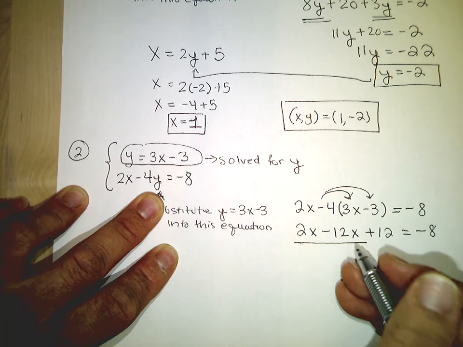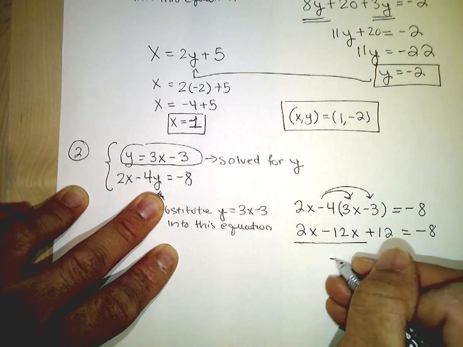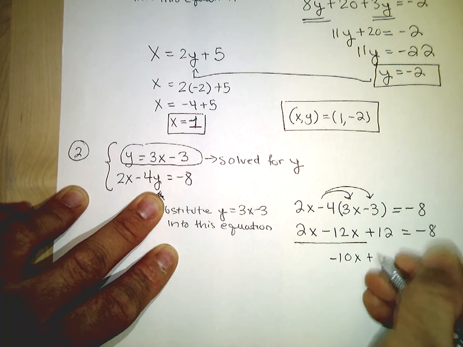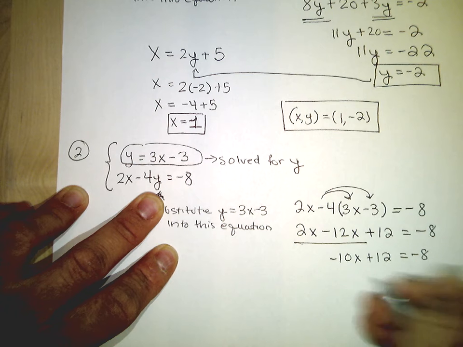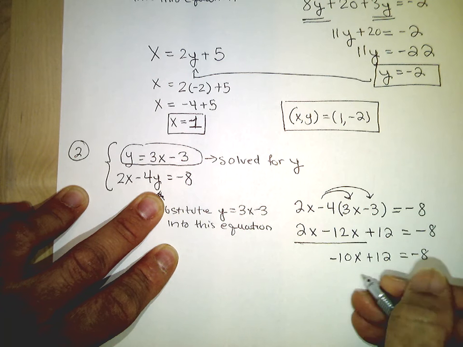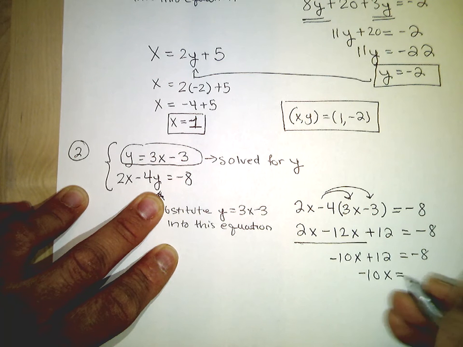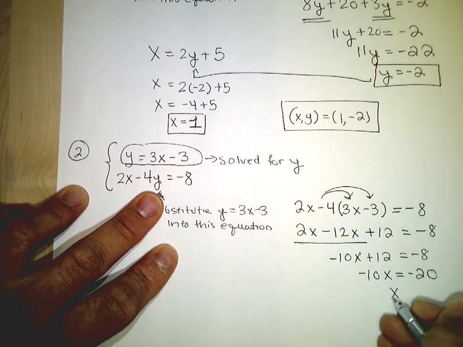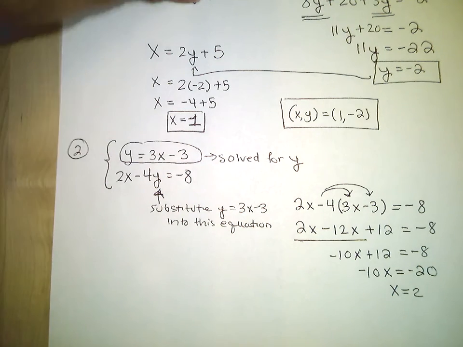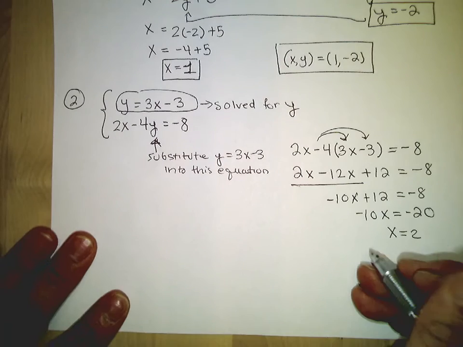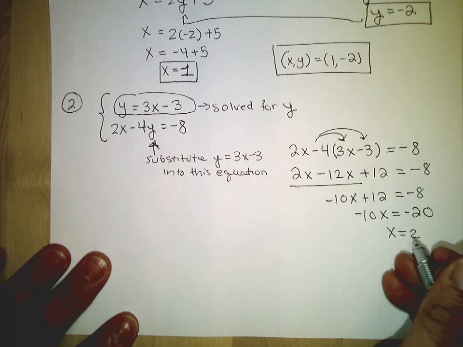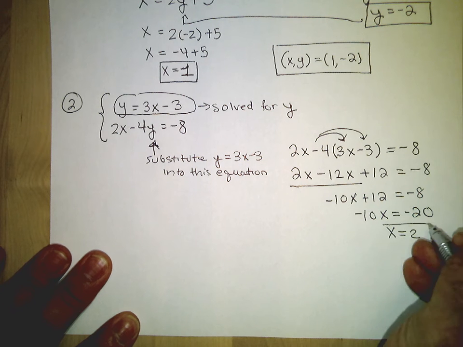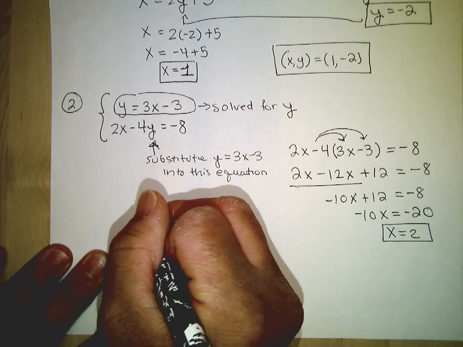Combine like terms, 2x minus 12x, negative 10x plus 12 is negative 8. Subtract 12 on each side to get negative 10x is negative 20, and divide by negative 10 to get x is 2.